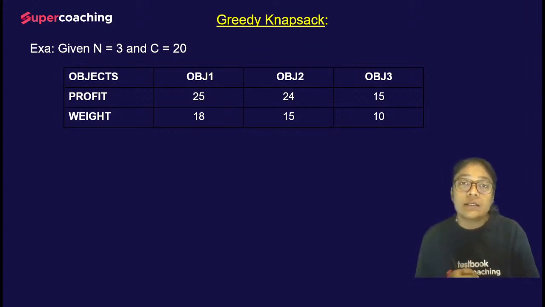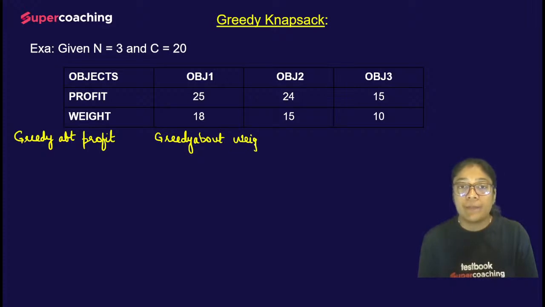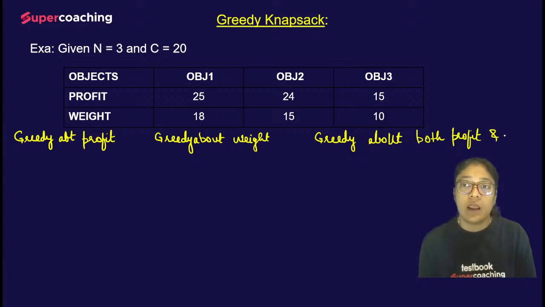The third possibility is that it considers both profit and weight. You don't have to do this in the exam, this is just to make the comparison. So the cases are: greedy about profit, greedy about weight, and greedy about both profit and weight.